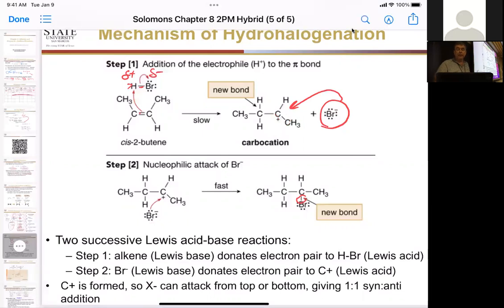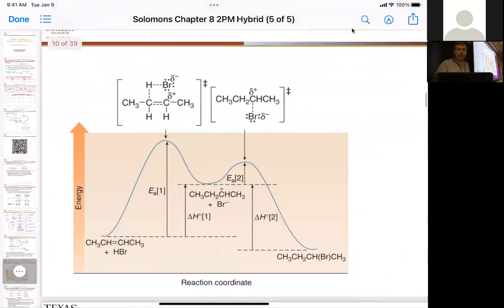Okay, now because we form a carbocation, we'll have an intermediate, which is our carbocation. And so our energy diagram has 2 humps on it. The first transition state is where we're breaking the pi bond right here, we're making this bond right here, and we're breaking that bond right there.